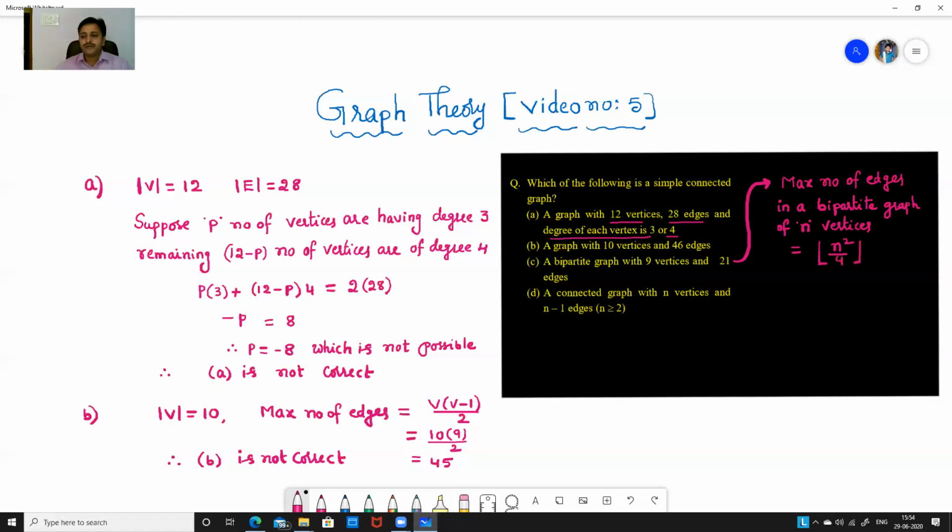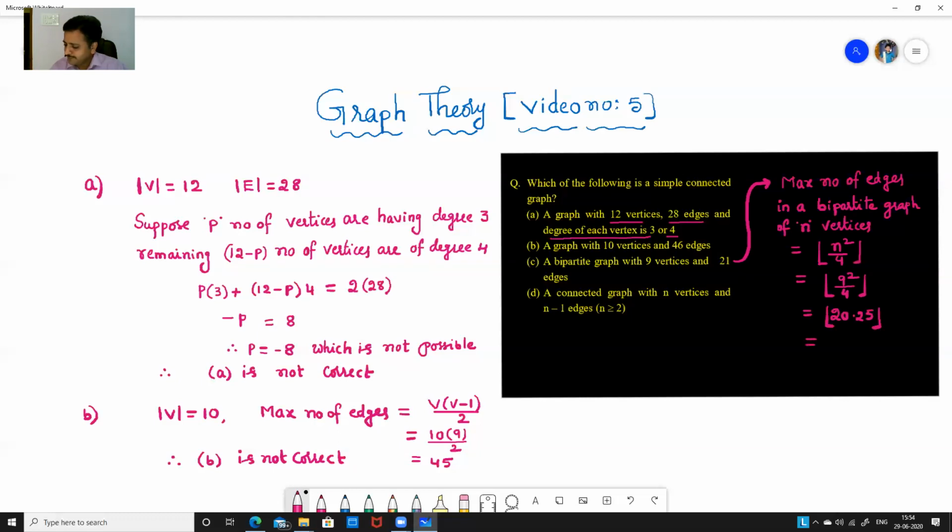This is a formula, you have to remember it. But here they mention n is equal to 9. By substituting n equal to 9, we get 9 square by 4, which equals 81 by 4, which is nothing but 20.25 under floor.